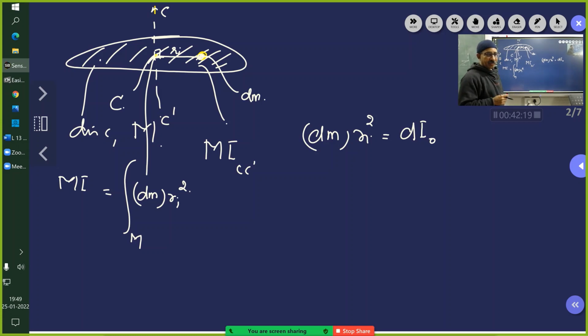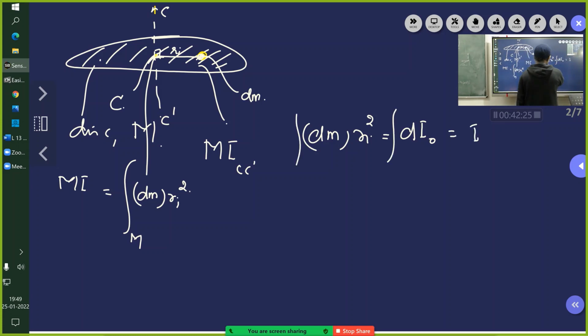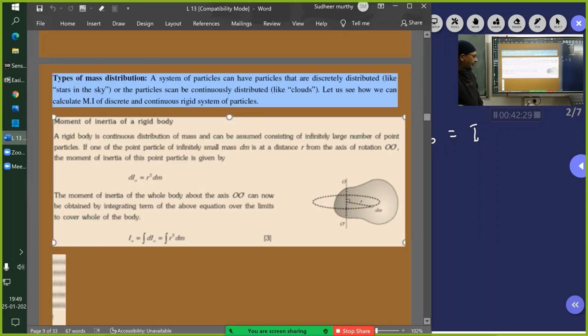Therefore, the total moment of inertia will be the integration of dI. Clear, friends? Very good. If you have any questions, you can ask.